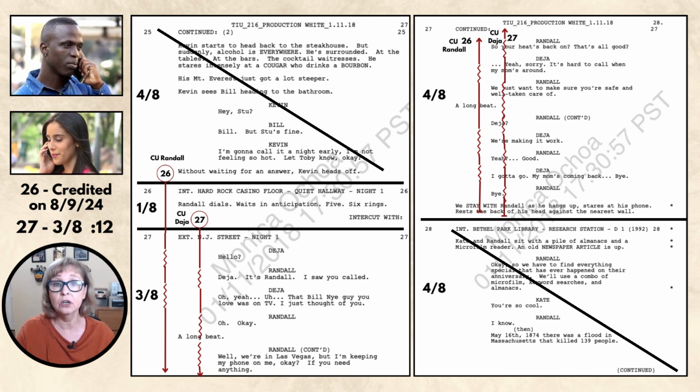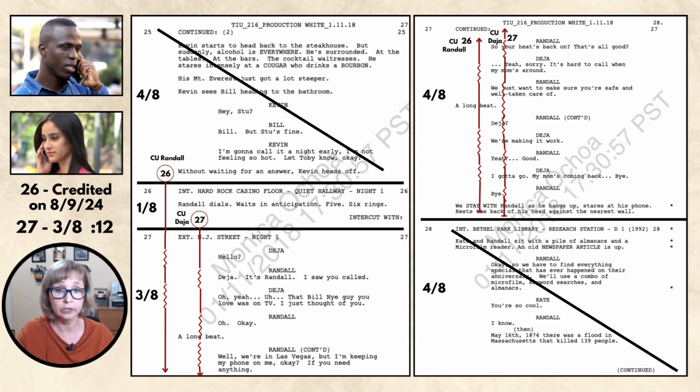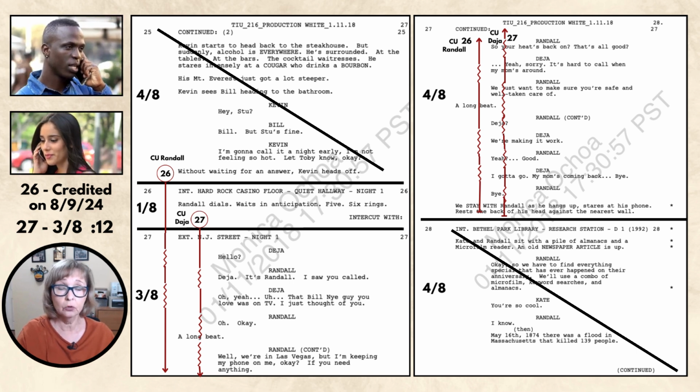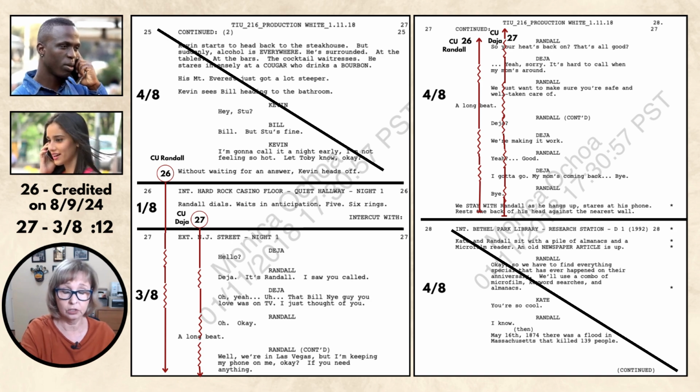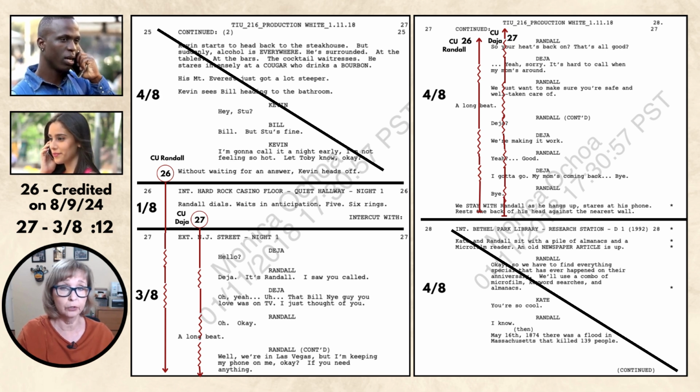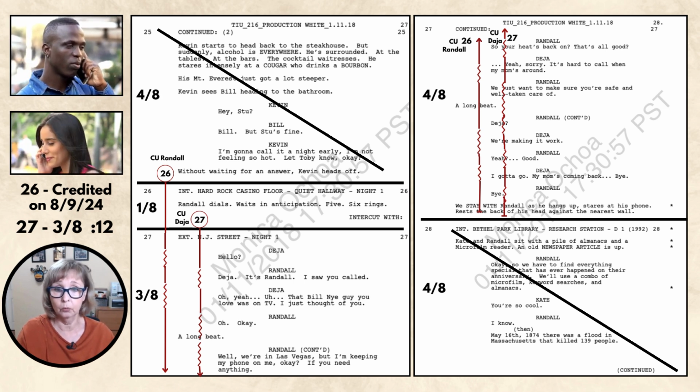So if it is on the call sheet, because you credited the full scene 26 yesterday, you're going to make sure that in the notes you put credited scene 26 on such and such a date. Because if it's on the call sheet, most likely they're going to come and say, well, what happened to scene 26?